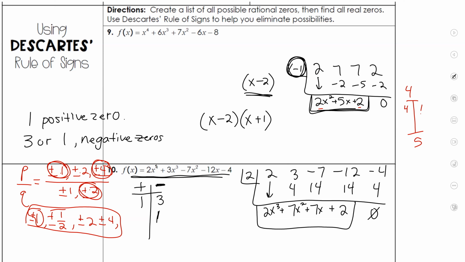Good, 4 and 1. So that means it'll be 2x squared plus 4x plus 1x plus 2. We rewrote the 5x to be 4x plus 1x. Okay, so we're going to split this into groups. Find the GCF.